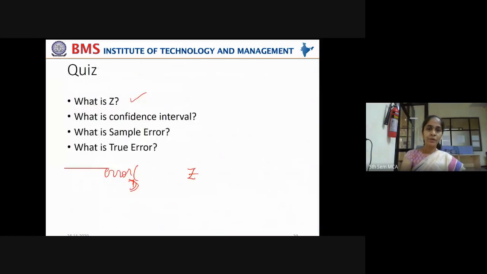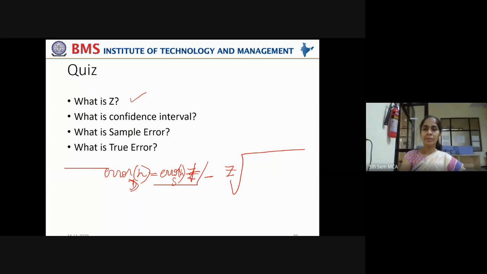True error with the hypothesis, we are taking it as sample error with the hypothesis plus or minus z multiplied by the square root of sample error into 1 minus sample error divided by n. Right? Now I am asking you, what is this z?